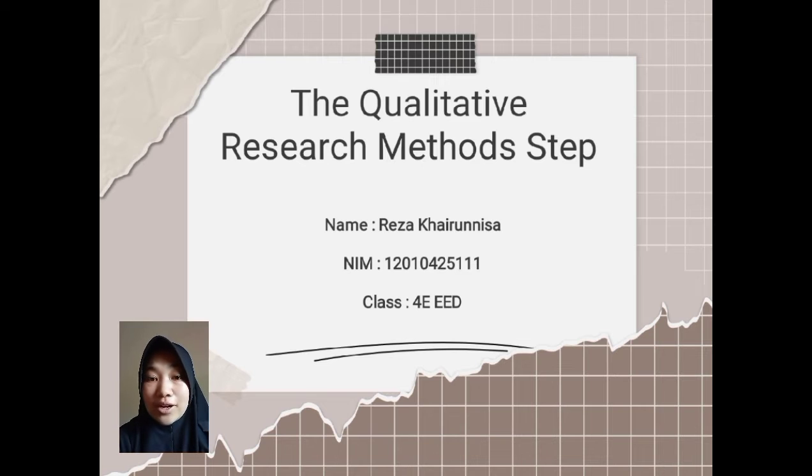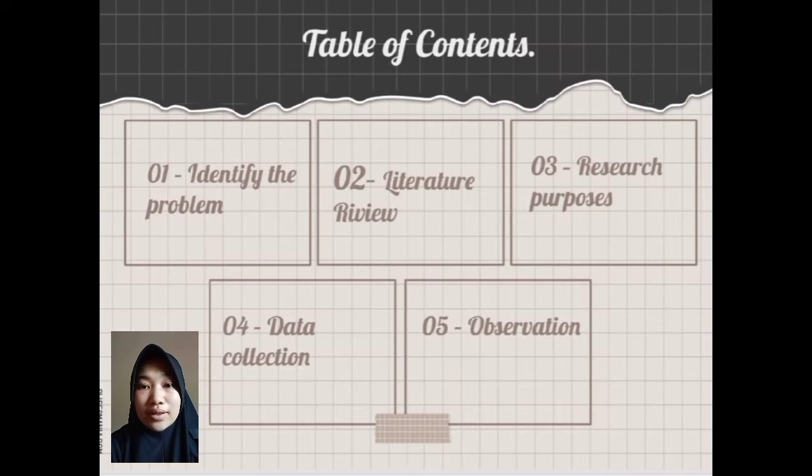My name is Reza Khairunnisa from the English Education Department in the 4th semester. Okay, I will present my presentation with the title The Qualitative Research Method Steps. First, let's look at the table of contents. The first one is identify the problem.